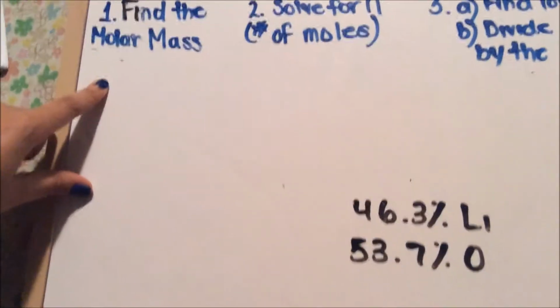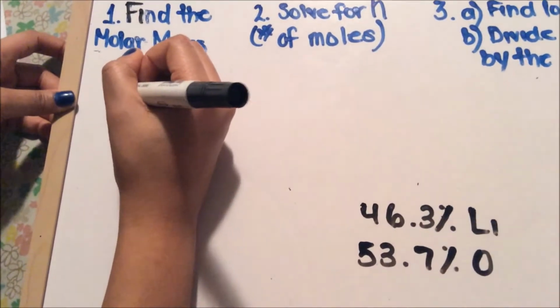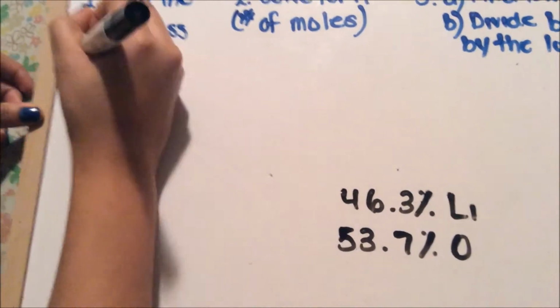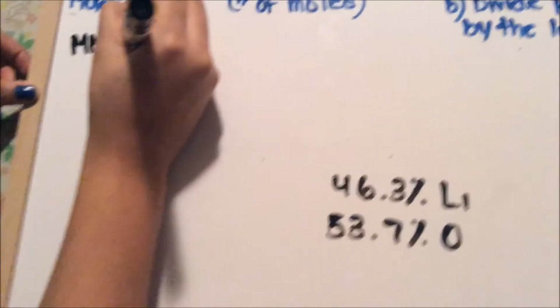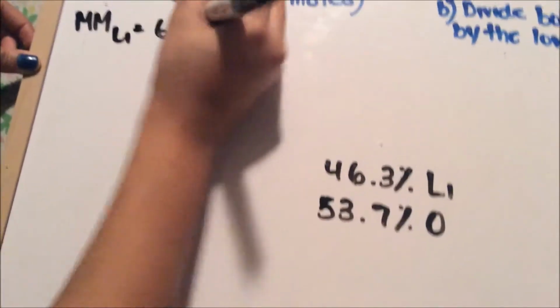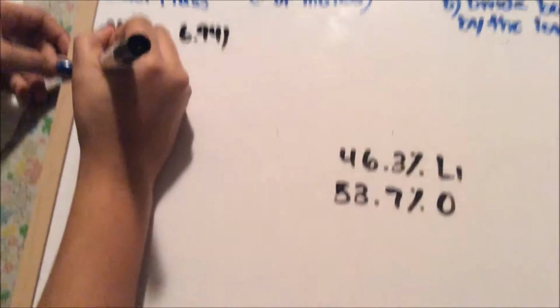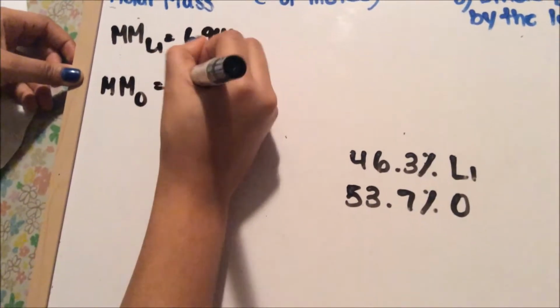Lithium, the molar mass of that is 6.941. And then for oxygen, 15.994.